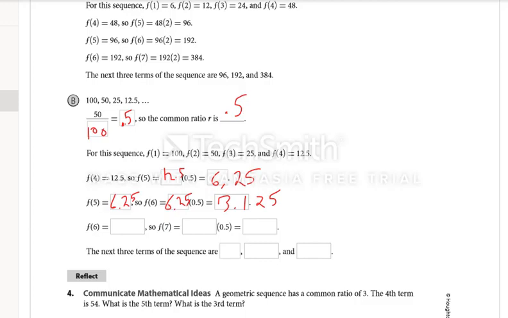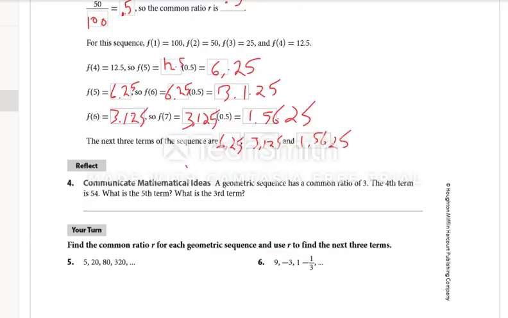And for our seventh term, take 3.125, multiply it by 0.5. That should give us 1.5625. So the next three terms are 6.25, 3.125, and 1.5625.